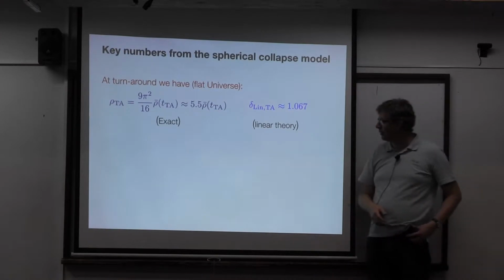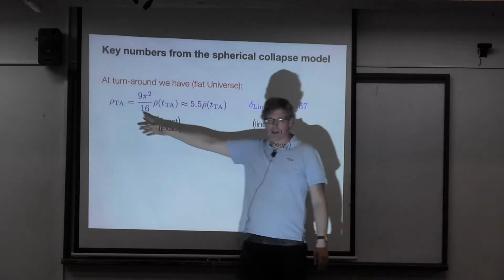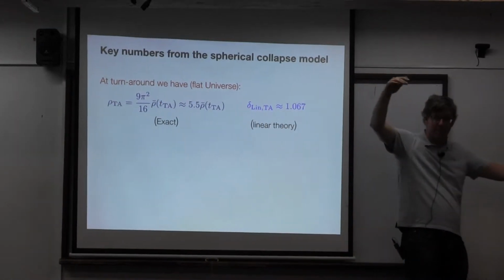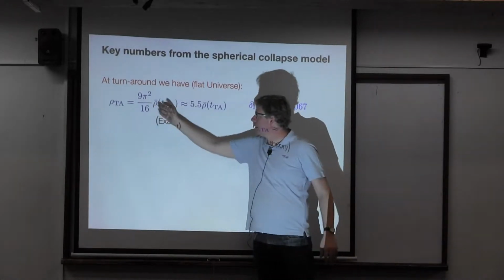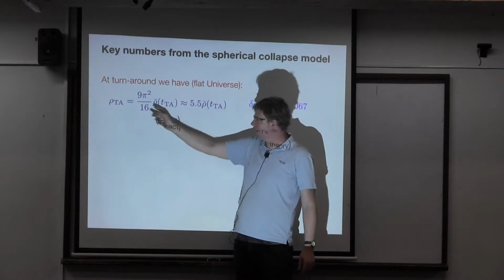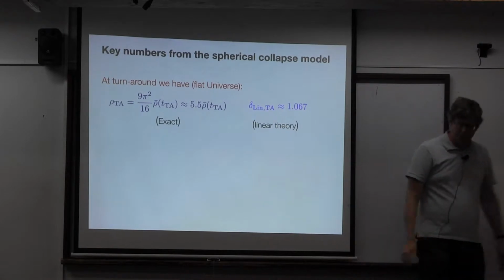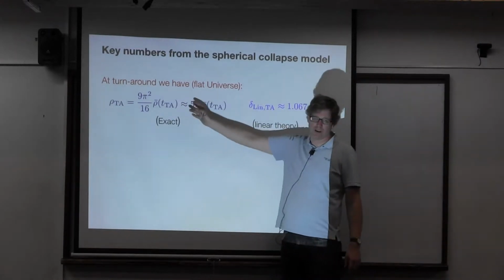So in particular, you can calculate what the density is at turnaround, this time when this sphere stops expanding. And that's the relationship between the background density and the actual density. So the density is 9 pi squared over 16 times the background density, so 5.5.